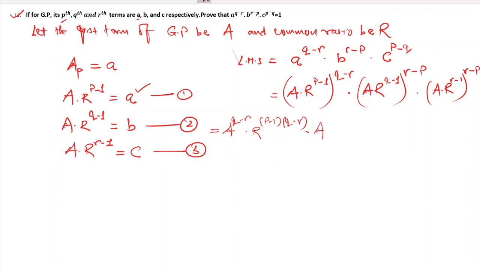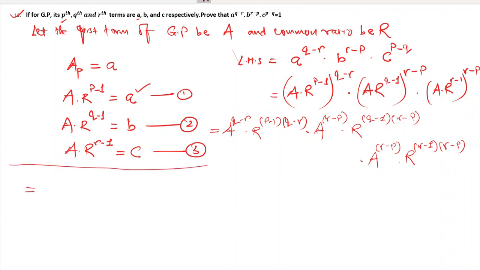multiplied by capital A raised to r minus p into R raised to q minus 1 into r minus p, multiplied by capital A raised to p minus q into capital R raised to r minus 1 into p minus q. Now we'll bring all the terms whose base is capital A together and all the terms whose base is capital R together, and that's going to be a huge one to write.